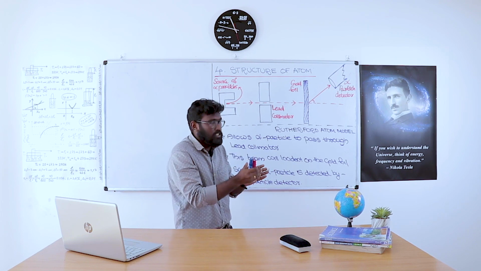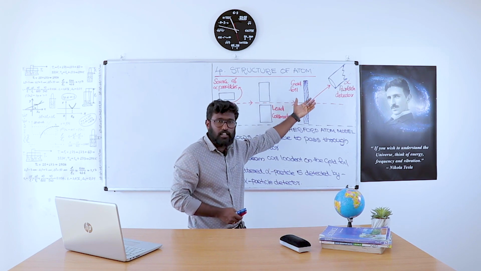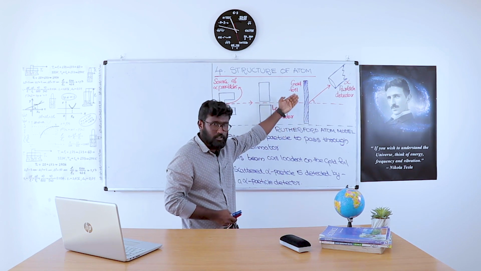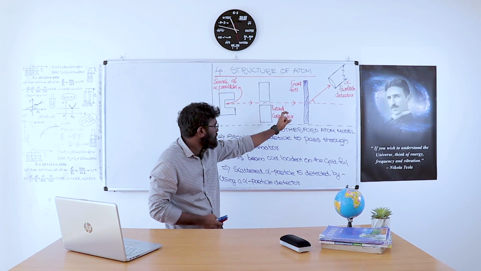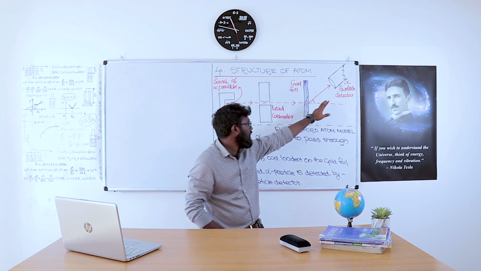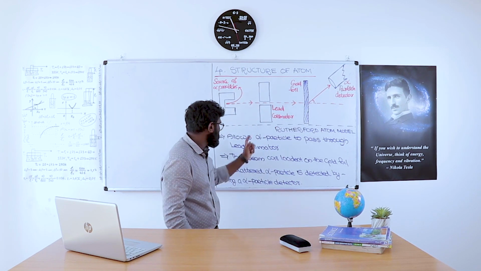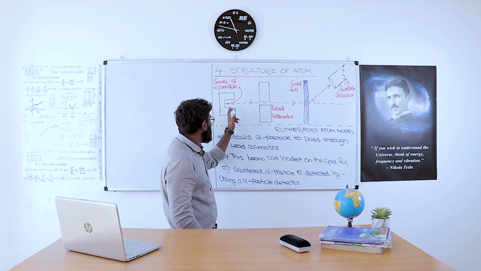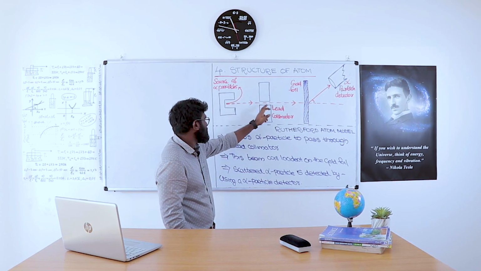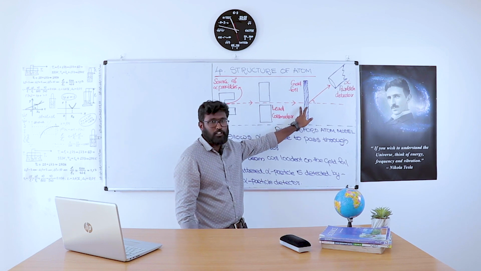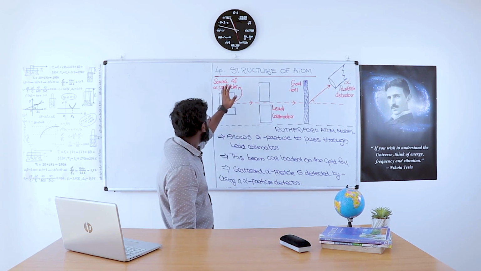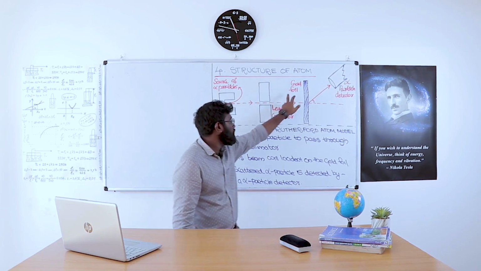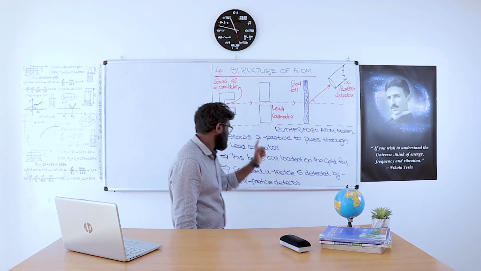After the incidence, some alpha particles are scattered, or there is no scattering, or they bounce back. The scattered alpha particles are detected using an alpha particle detector. So this is the order: source, lead collimator, gold foil, and alpha particle detector.